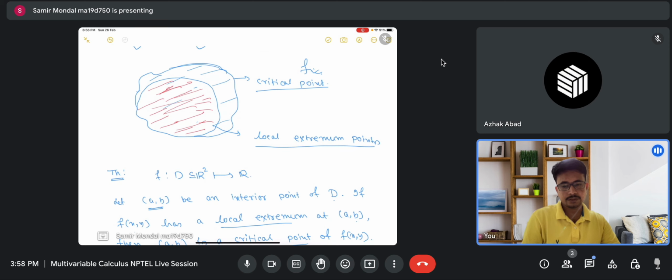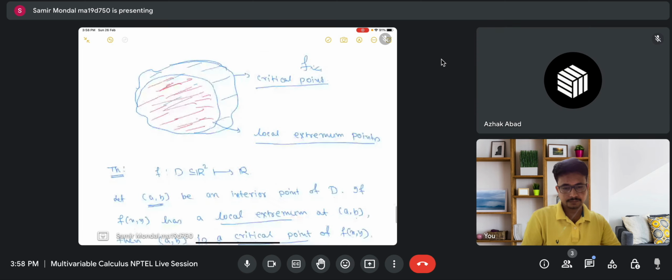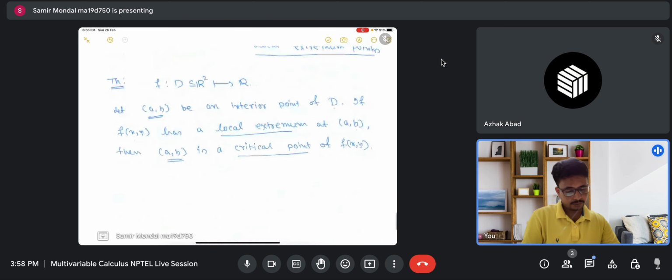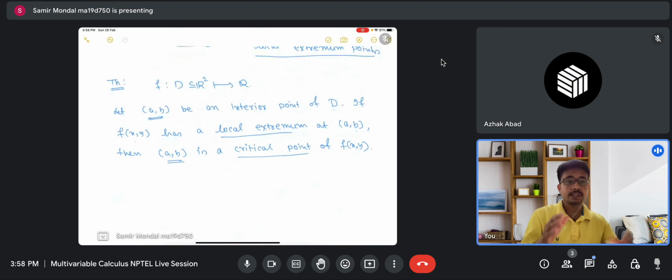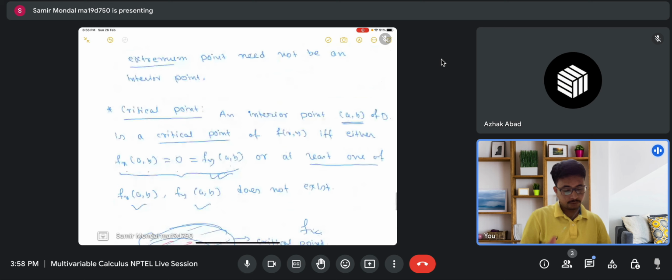Okay, till now it's fine. Yes, sir, clear. So now it's a little bit easy. Before this theorem, there was no tool to find the possible local extremum points, the possible (a, b) at which f has a local maximum or local minimum.